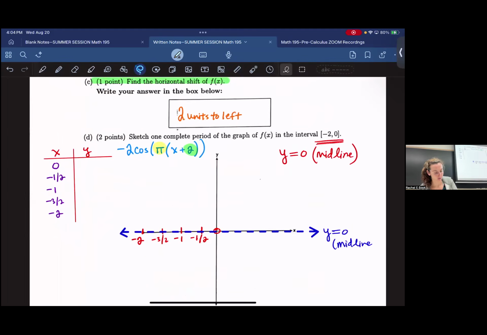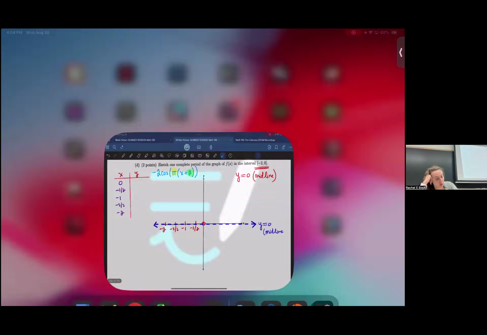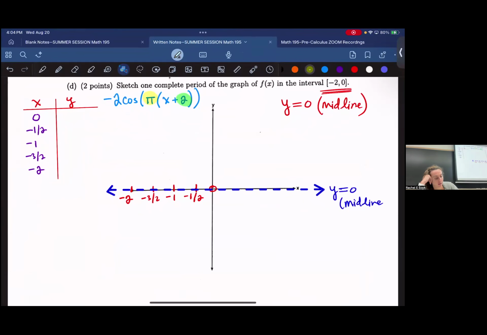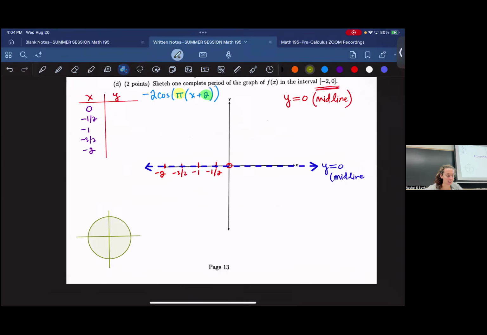I'll zoom in. Okay. So when x is 0, we have cosine of 2 pi. And cosine of 2 pi is 1, right? I'm going to put off to the side my circle too. I know my sheet keeps moving.